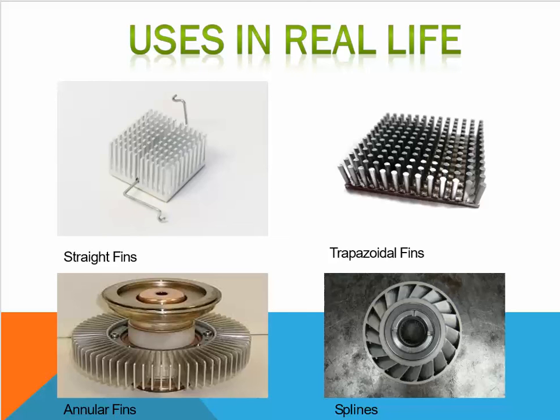Next, we have splines. These are fins generally used in several types of motors, like compressors, condensers, and many more, by which they transfer the heat to the surroundings as easily as possible.